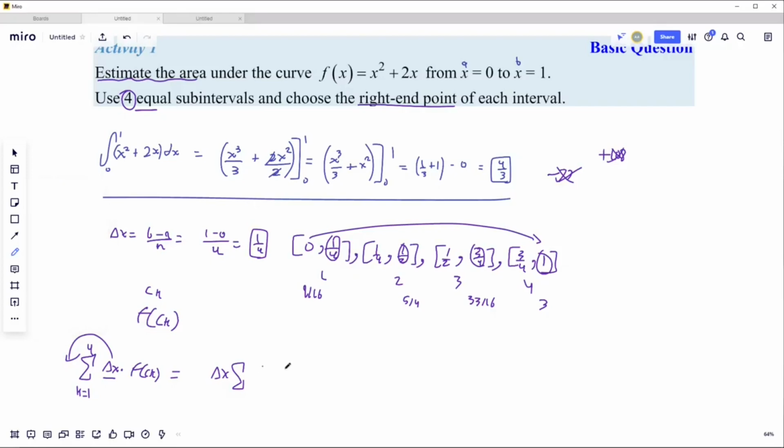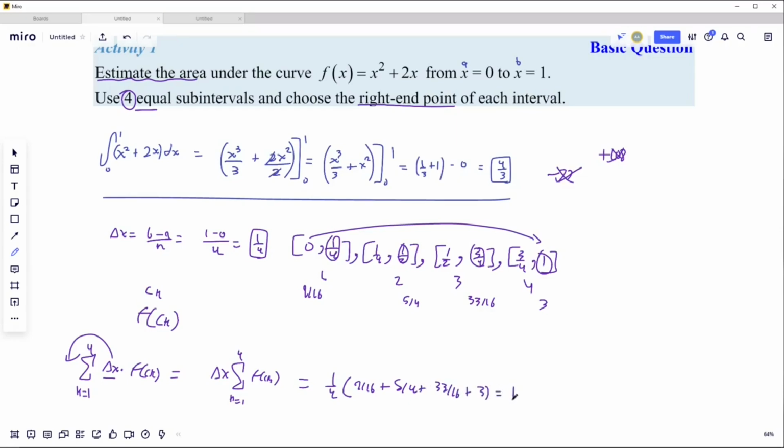So with that, delta x times the summation from 1 to 4 of f of ck, and delta x is 1 over 4, times 9 over 16 plus 5 over 4, plus 33 over 16, and finally plus 3.